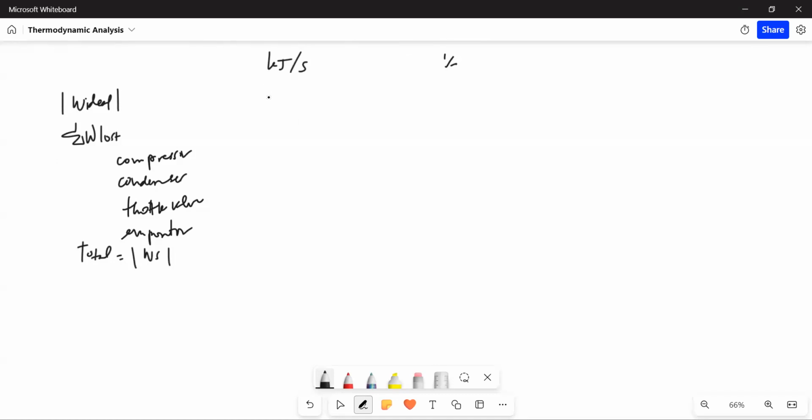Now we begin to write the values that we calculated.